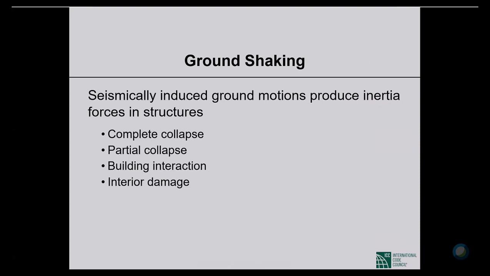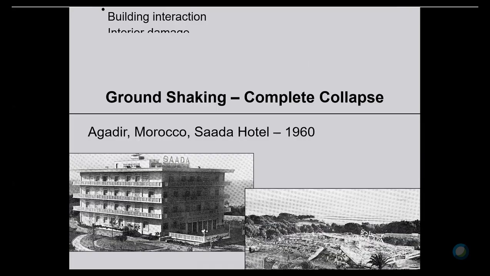So ground motion first. Seismically induced ground motions produce inertia forces in structures, and these may cause complete collapse, partial collapse, building interaction, hammering, we typically call it, or interior damage.